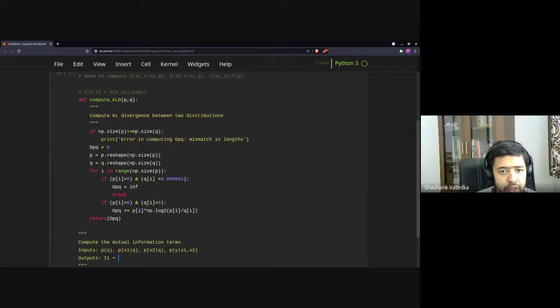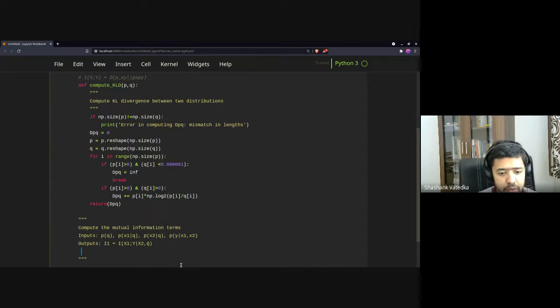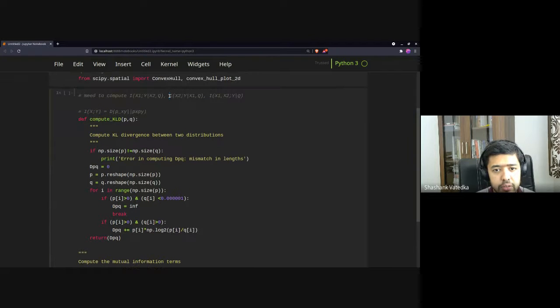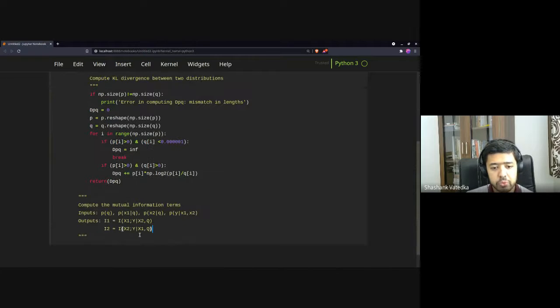Okay, so these are the inputs, and my outputs will be the following. I1 is what I call the mutual information between x1 and y, given x2 and q. I2 will be the mutual information between x2 and y given x1 and q.